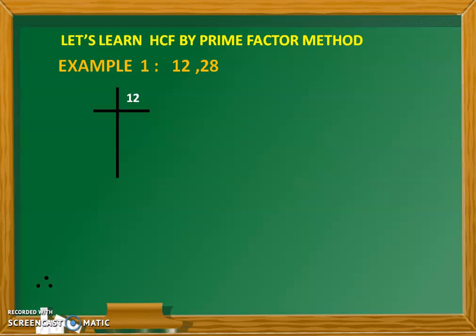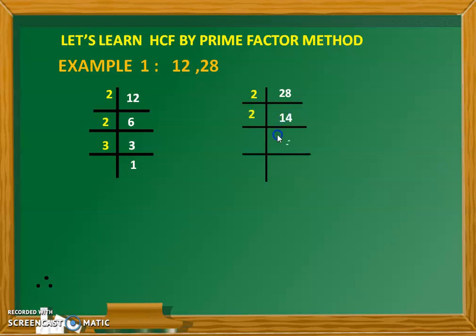I am going to find the prime factors by using the divisibility rule. This way I can find the factors of 12. The same I am going to find for 28 also. In the vertical arrangement, you use the divisibility rule and you will get all the factors of the numbers. So the factors of 28 are 2, 2 and 7.